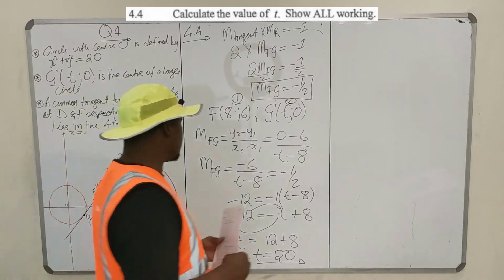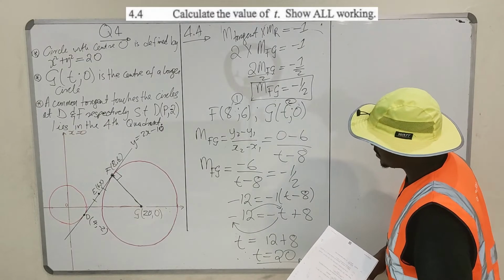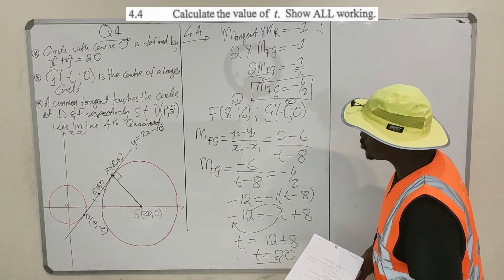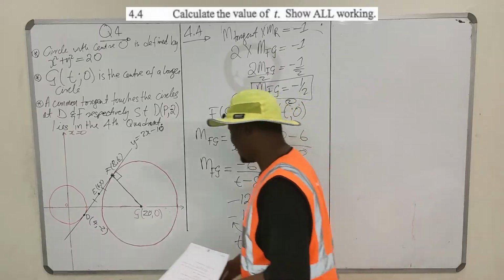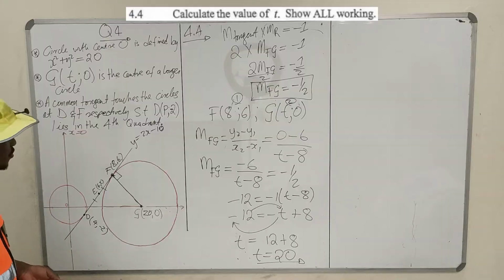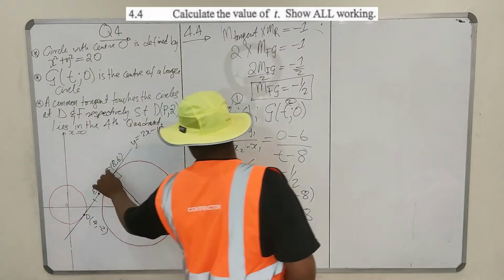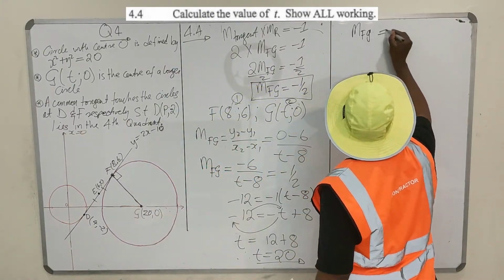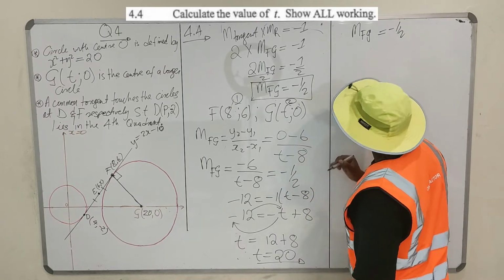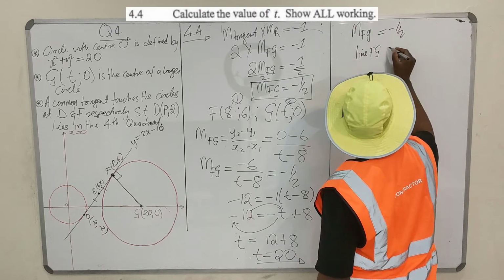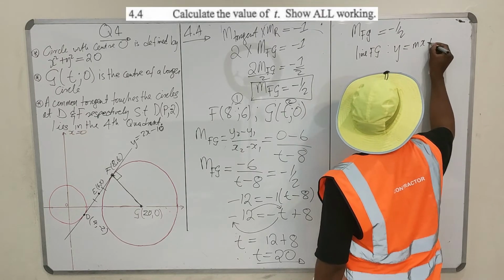I'm saying, another way you can do this problem. You can say, okay, I know the gradient of fg is equal to minus 1 over 2, right? You can find the line of fg in the form y is equal to mx plus c.